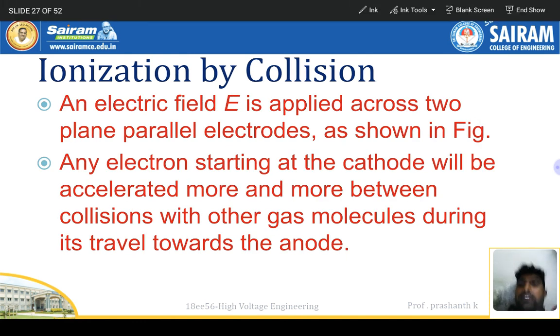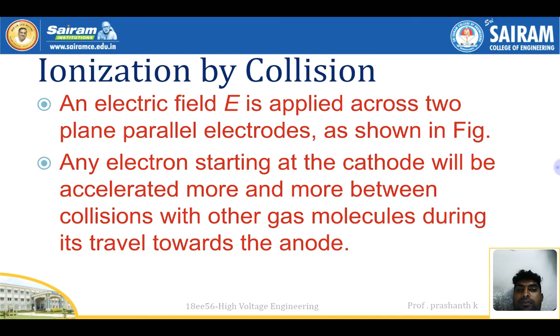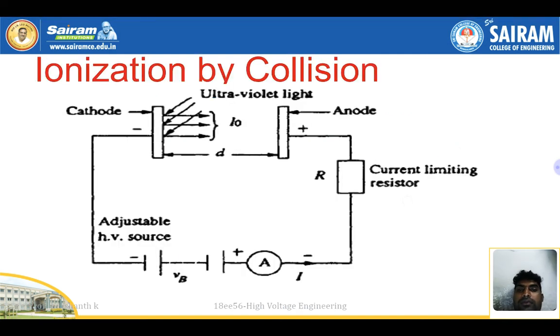Ionization by collision: an electric field is applied across two plane parallel electrodes, as shown in the figure in the next slide. Electrons starting at the cathode will be accelerated more and more between collisions with other gas molecules during the travel towards the anode. As you can see in the diagram, a high voltage is applied across the anode and cathode, and ultraviolet rays are present. From cathode to anode there is a movement of electrons.